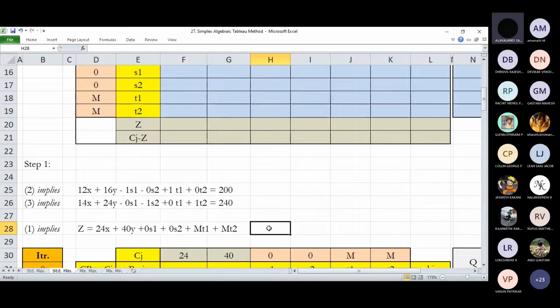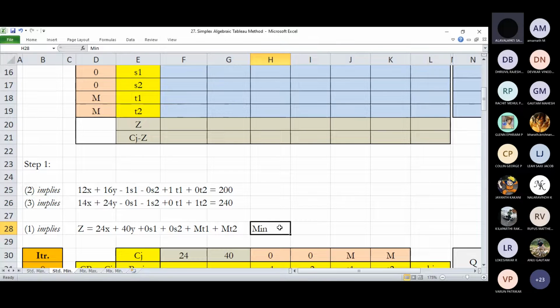And remember, this is a minimization case. So we will be taking 24x plus 40y plus 0 s1 plus 0 s2. This is common for minimization and maximization. In a minimization case, we'll add the artificial variable in the objective function with a positive coefficient, with a positive M. But if it is a maximization with mixed constraints, and it includes an artificial variable, then we will be subtracting the artificial variable, multiplied by the positive M coefficient, which is minus M into t.